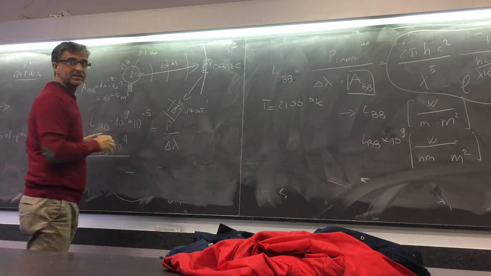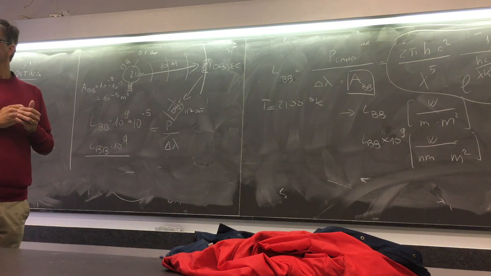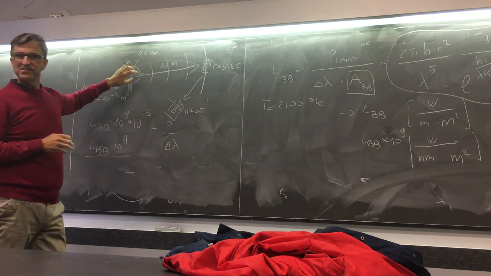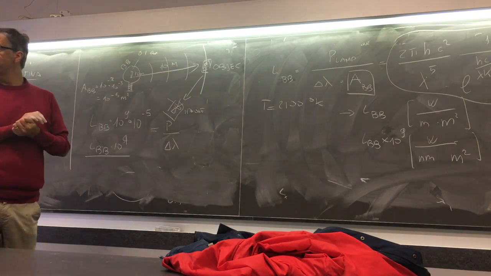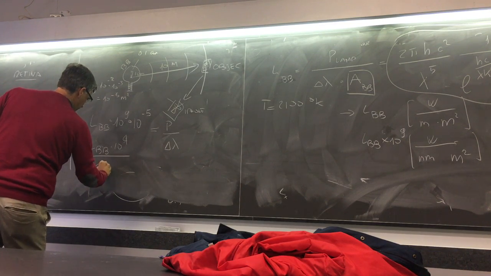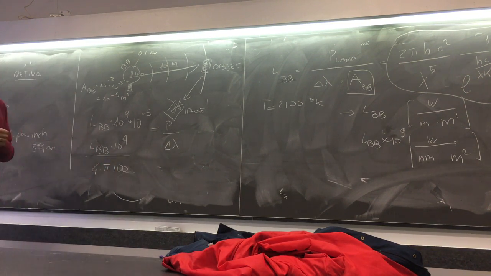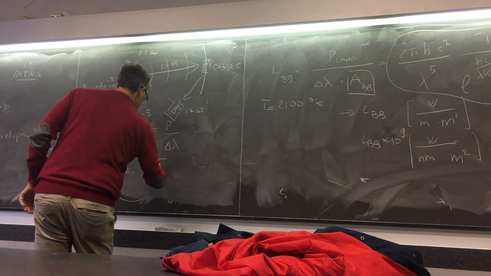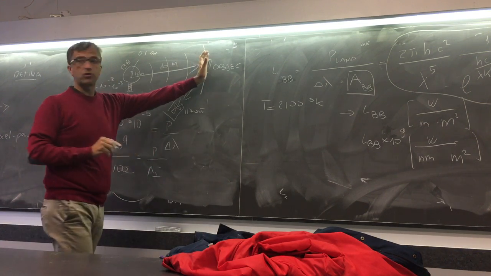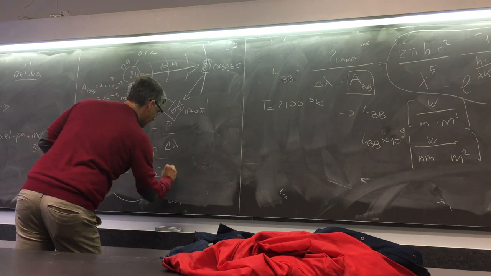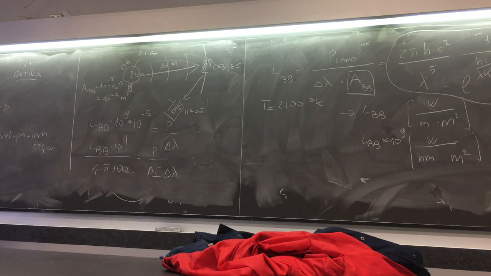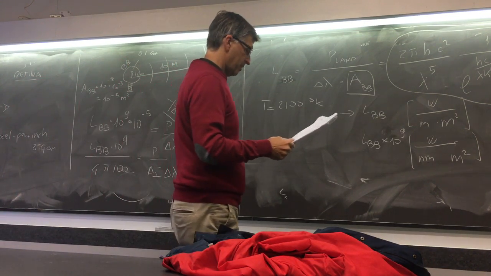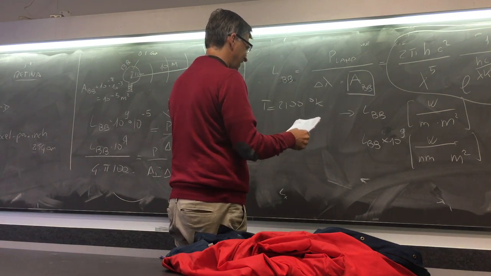The entire surface of the 10 meter sphere is 4 pi 100. This is dimensional, it's a power divided by area orthogonal to the BB divided by unitary lambda.